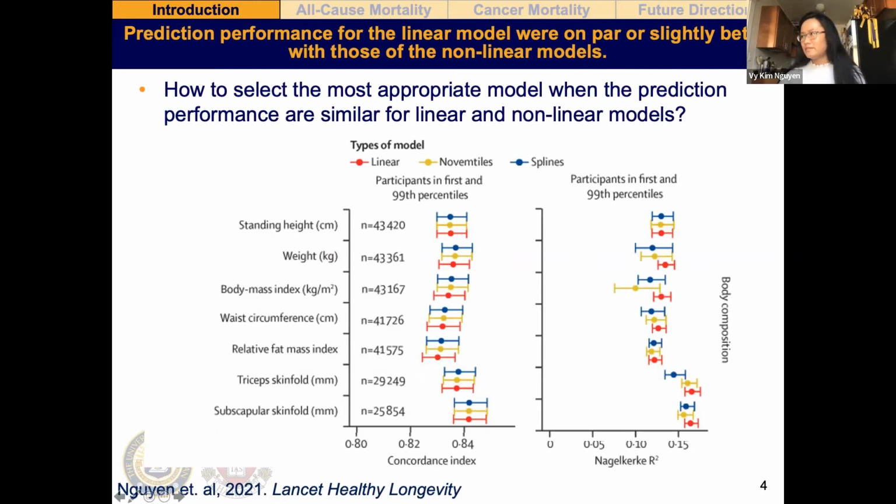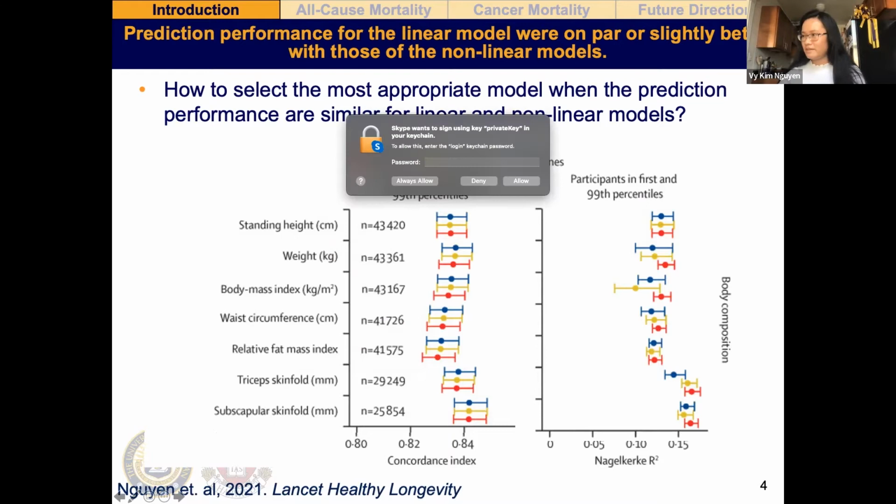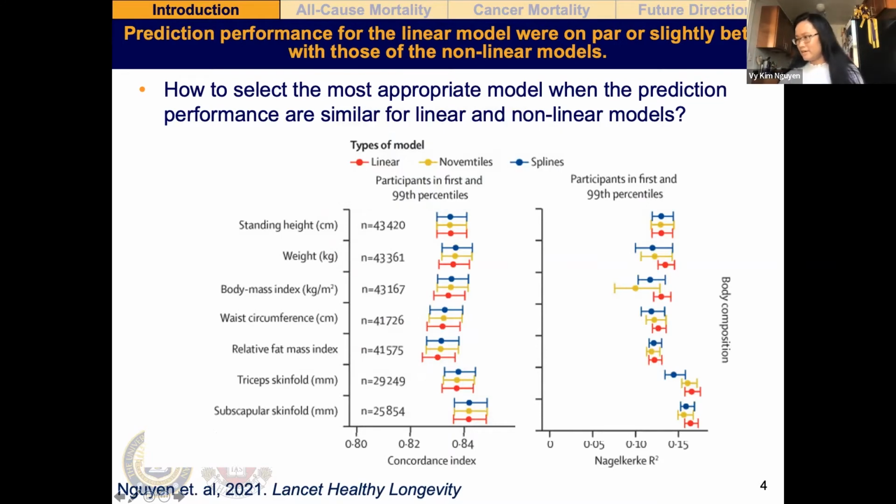And so another limitation we found of using a linear model is, here we did an association study looking at the association between physiological indicators and all-cause mortality.